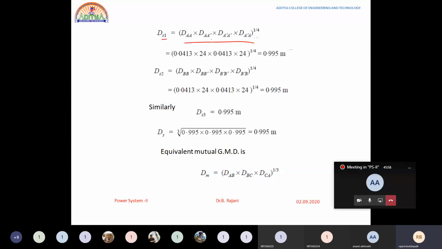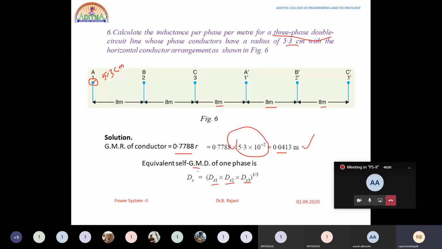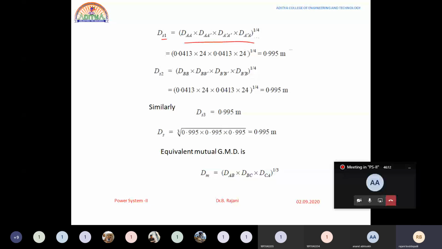What is DAA dash? Here we shall see the distance between A to A dash. Here is the A, here is the A dash. What is the distance between them? 8 plus 8 plus 8, which gives you the value as 24. That value I have kept over here.